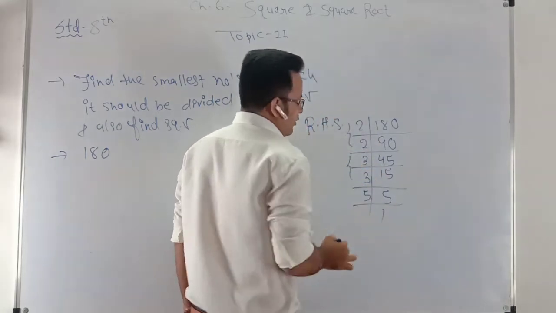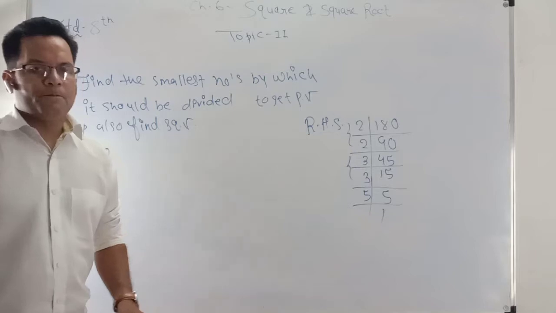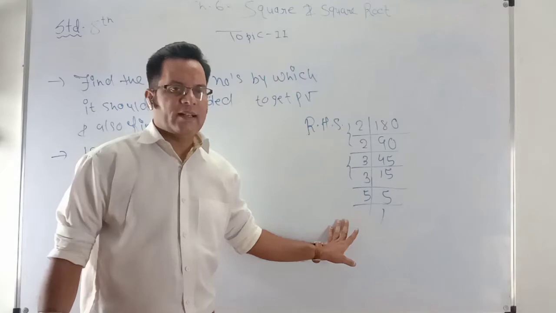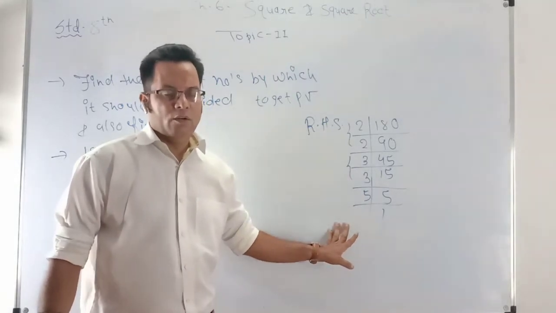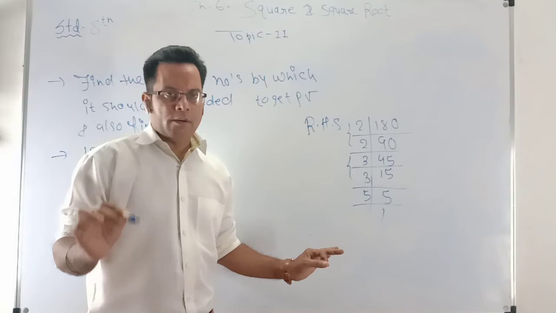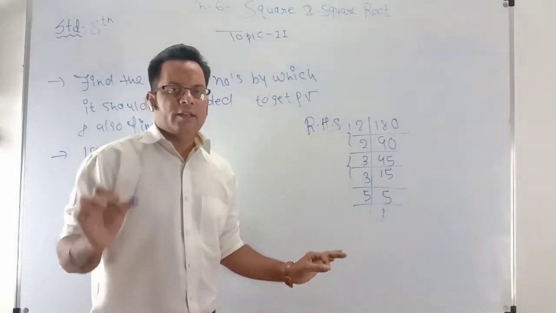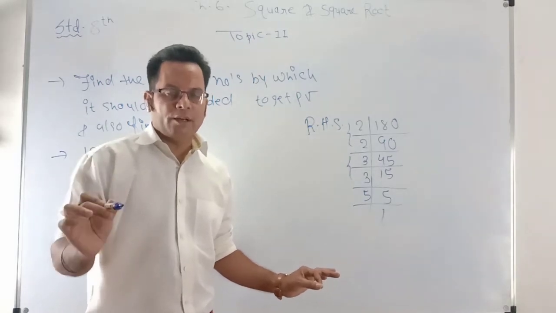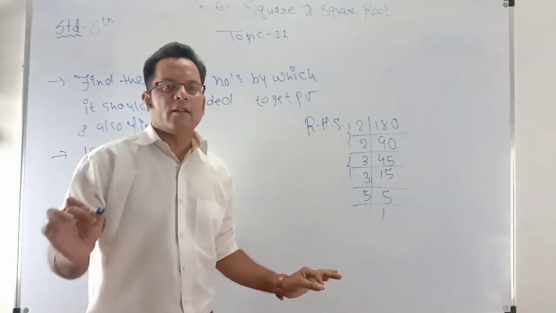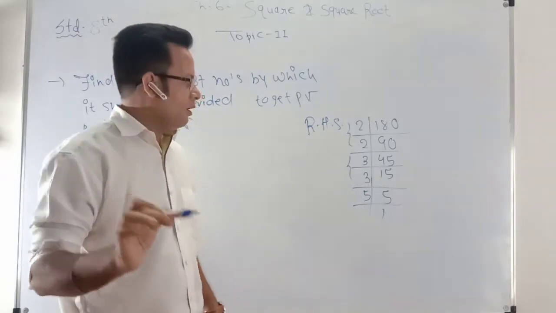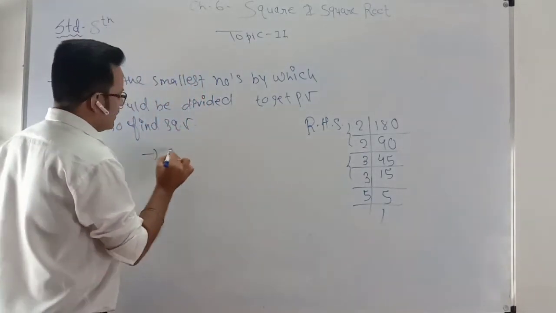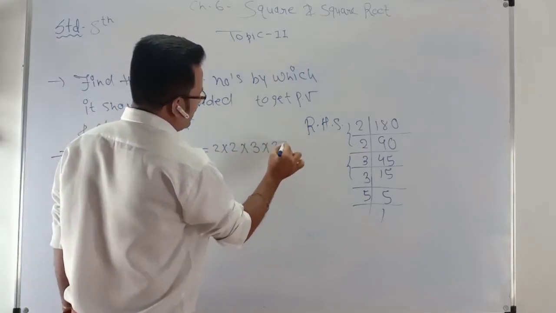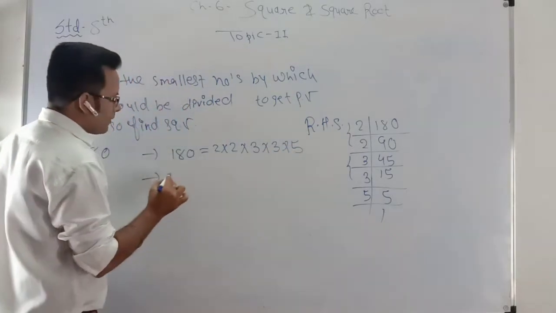You see here students, 5. 5 does not make a pair, but we don't have to see it that way, because here you have to divide the number that is in the question. So in this case, the number which does not make a pair, you have to remove that number, or you have to divide by that number. So 180 is equal to 2 into 2 into 3 into 3 into 5.